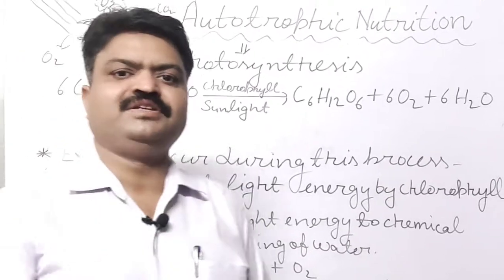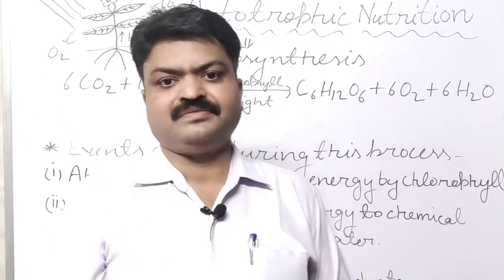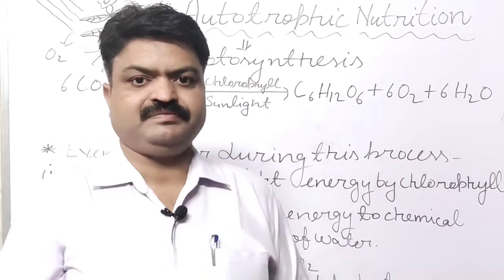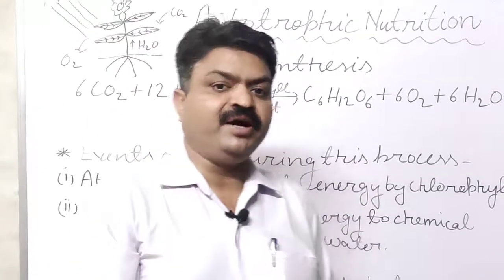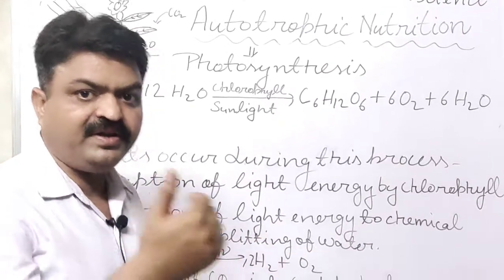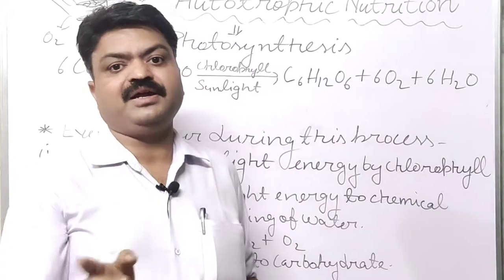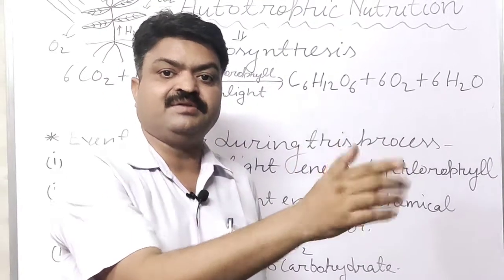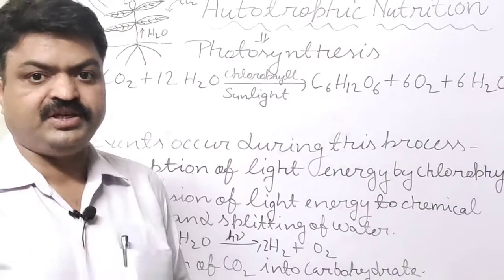So that is photosynthesis, students, the most important process from which all the living organisms are taking food. How, students? It is with the help of the food chain. First, the solar energy is trapped by the plants, and they convert it into chemical energy. After that, that chemical energy is transferred to the different living organisms in the form of food via the food chain.